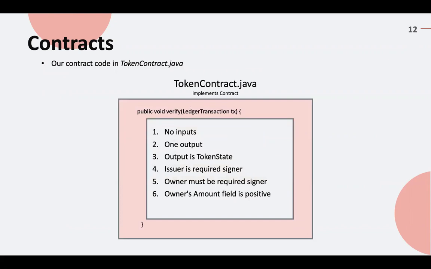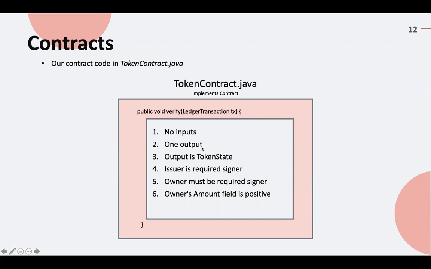Well, an issuance is a particular type of thing you can do, a command, you might call it. In Corda, we call these things you can do commands. And so we might define a contract command called issue. The issue command is going to allow us to specify what happens when we issue a token. And so when we issue a token, what's going to be the case? Well, issuing a token probably has no inputs.